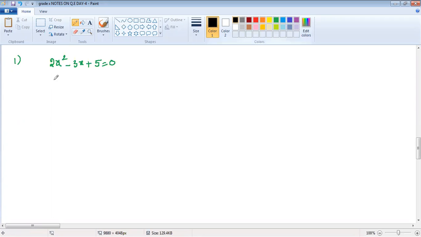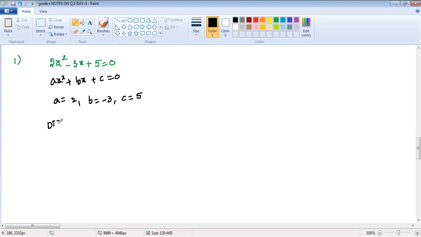First of all, please compare with ax square plus bx plus c. What is the a value? a is 2, b is minus 3 and c is 5.